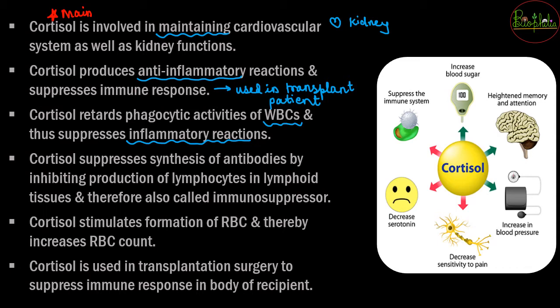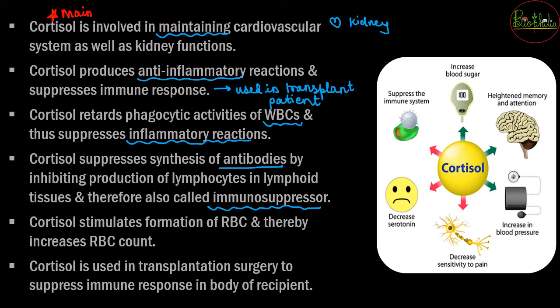So cortisol will also suppress the synthesis of antibodies. As we discussed, it is an anti-inflammatory, it suppresses the WBCs, it also suppresses antibodies, and therefore it is called an immunosuppressor and can be used for patients who have undergone transplant surgeries. Those were the inhibiting side; whereas stimulation of what?